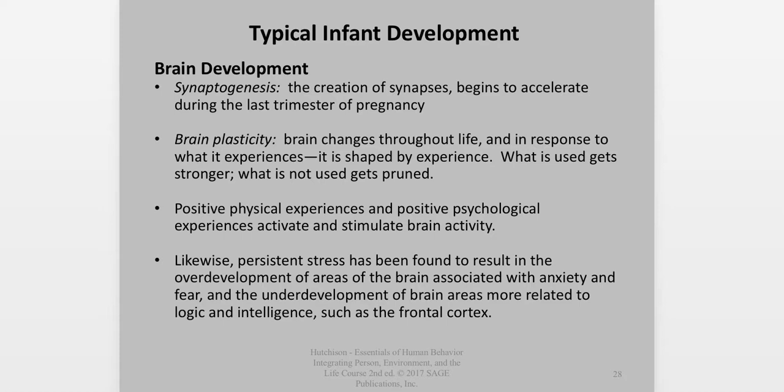It's really shaped by experience, so even when there are insults to the brain, so to speak, synapses can sometimes regenerate in other directions, and the brain can compensate for problems that come up. That's what plasticity is all about.